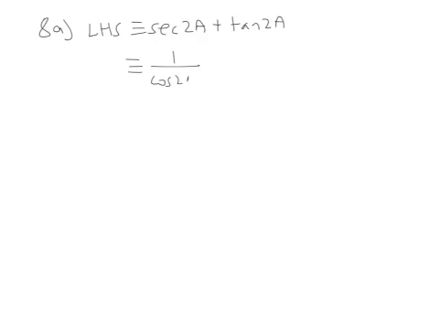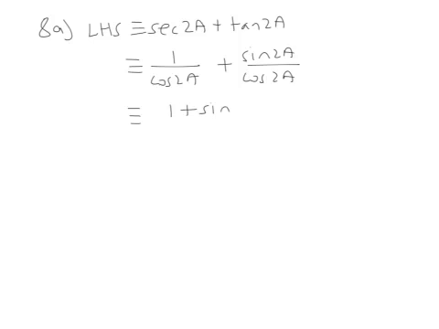For question 8, we've got to prove the trig identity which is this. 1 over sec 2a is cos 2a, tan 2a is sin 2a over cos 2a.